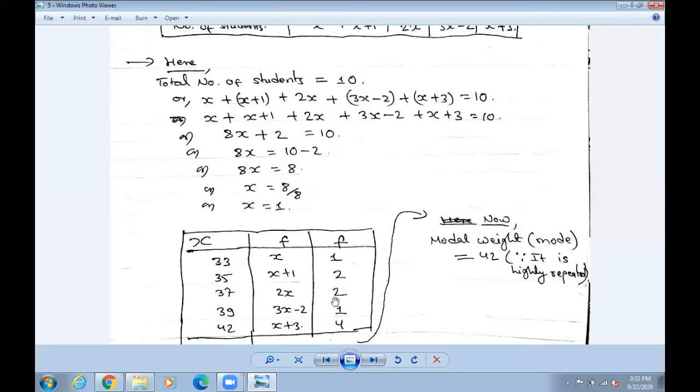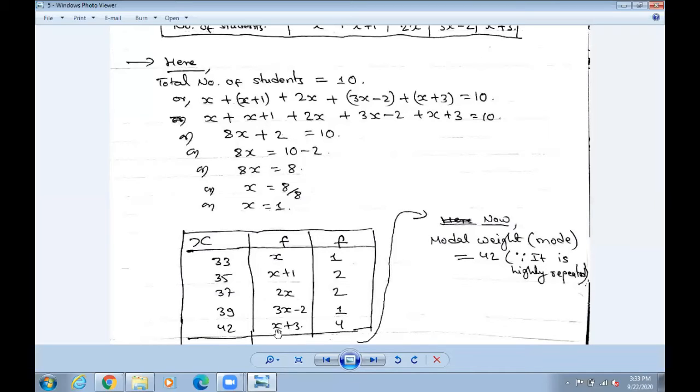So it will be 2 over here. In a similar way, 3x means 3 into x, so 3 into 1 is 3, minus 2 is 1.